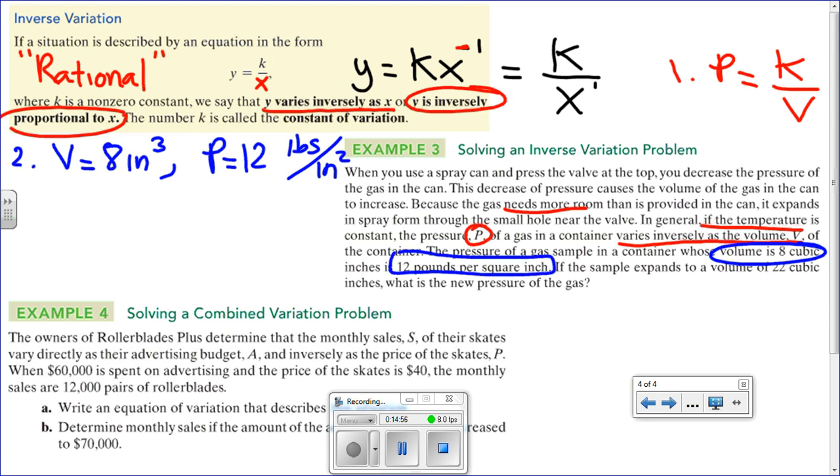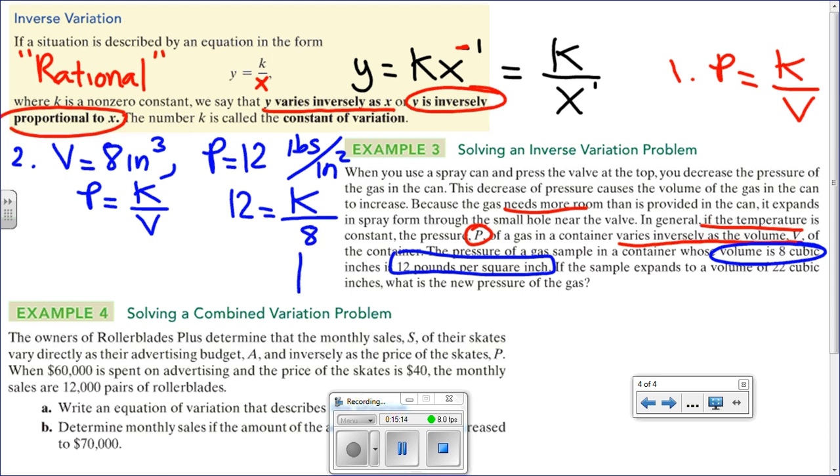Okay, so we're going to use that to find K. So in the formula, P equals K over V, we substitute the pressure with 12 and the volume with 8.